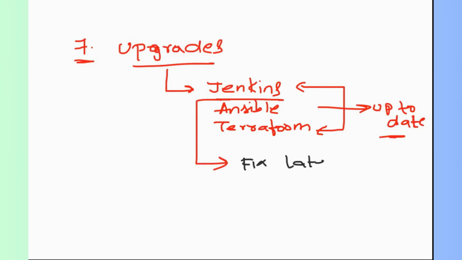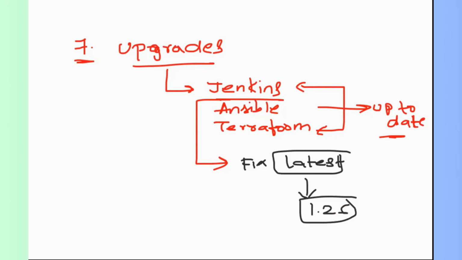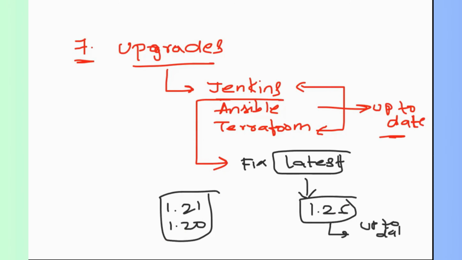So as DevOps and DevSecOps engineers, you should not use old versions of Kubernetes. Like today, if the version of Kubernetes is 1.26, you should not be using 1.21 or 1.20, because these old versions might have vulnerabilities. So always ensure that your Kubernetes cluster is up to date, and also that the components in the cluster are up to date.